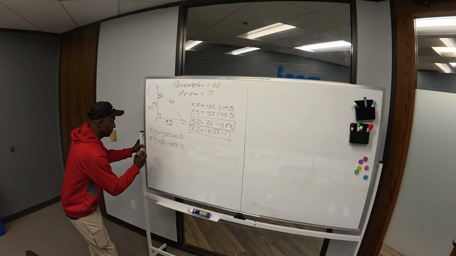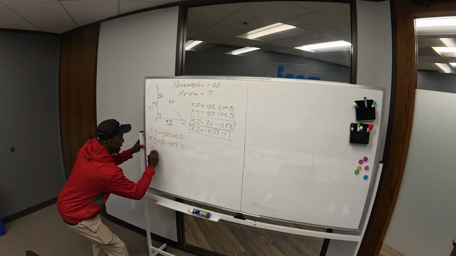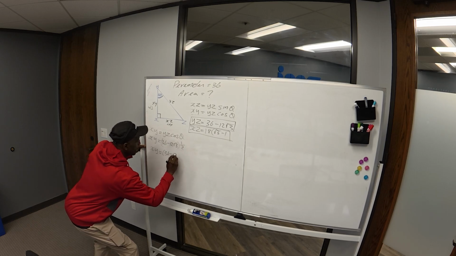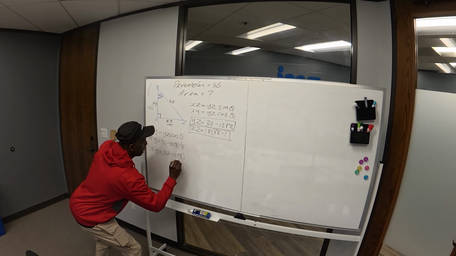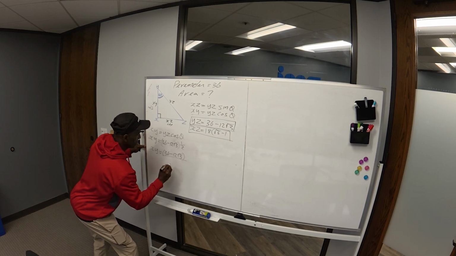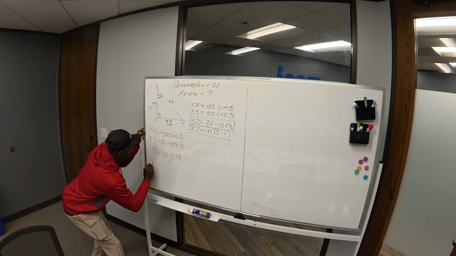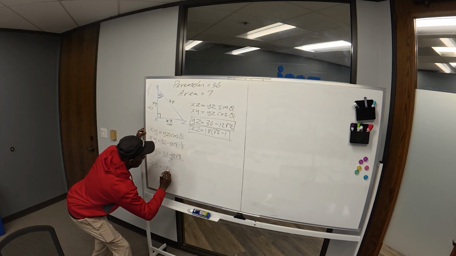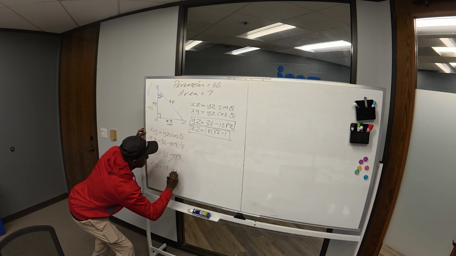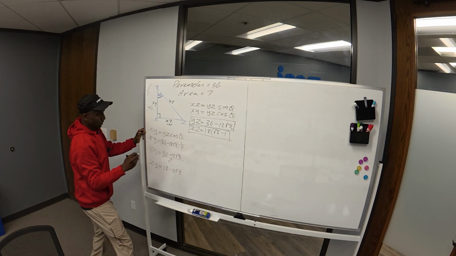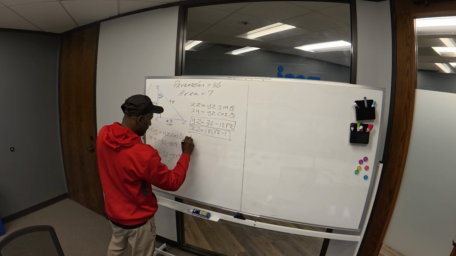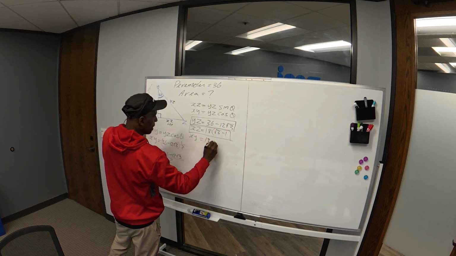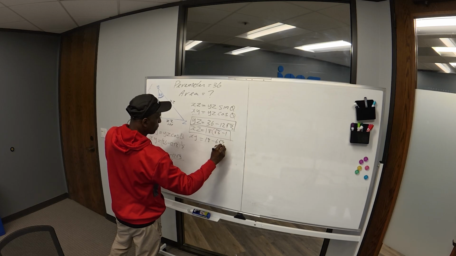So now we have XY is equal to 36 minus 12 square root of 3 all over 2. Therefore, XY is equal to 18 minus 6 square root of 3. Let's bring this over here. We have XY is equal to 18 minus 6 square root of 3.